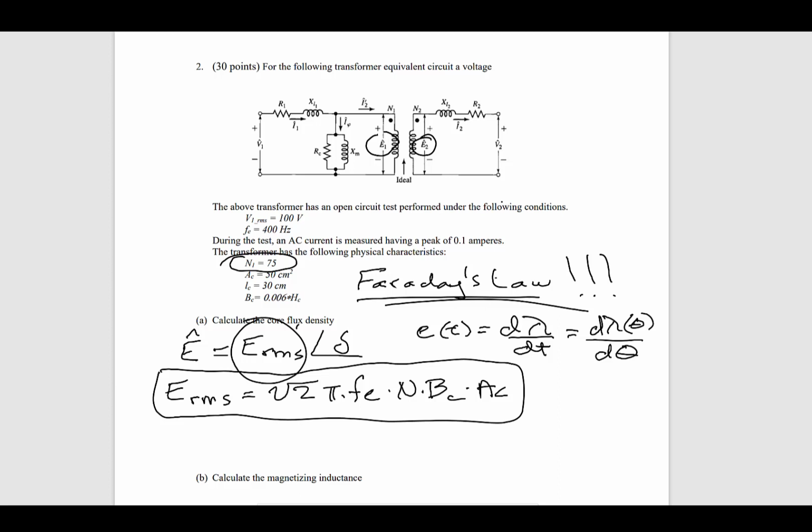Are there any questions about that? You're going to see this. Essentially, why this is so important is that it connects the voltage to the flux density. The flux density connects you to the material that you're using.